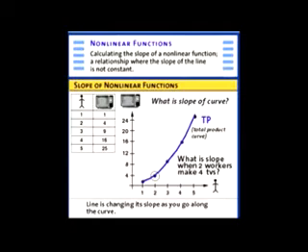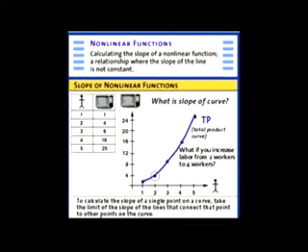Well, here's how we do this. We calculate the slope at a single point by taking the limit of slopes of lines that connect 2 points on the curve. So, for instance, suppose we look at what happens as we move from 2 workers to 4 workers.